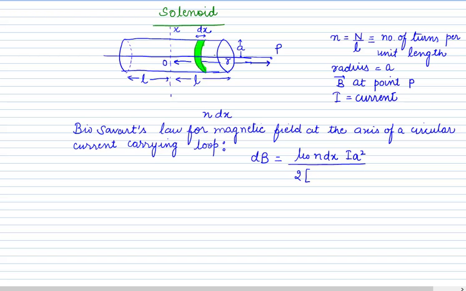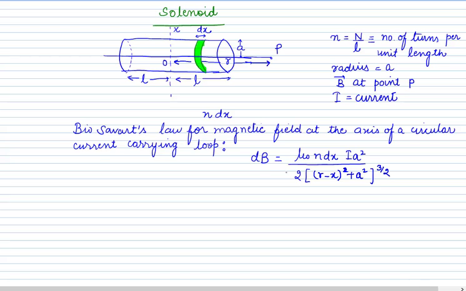So r minus x gives the distance between this segment and P. Here r is the distance of point P from the center O, and x is the distance of the center and section dx. So the denominator is (r minus x) whole squared plus a squared, to the power 3 by 2.